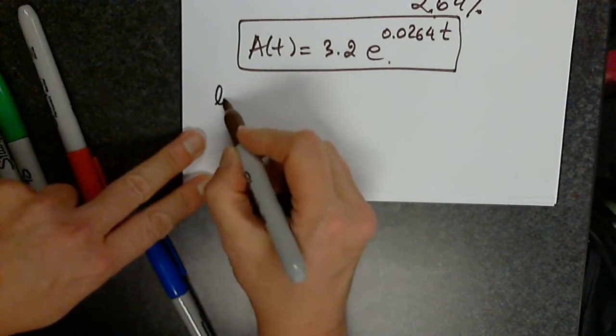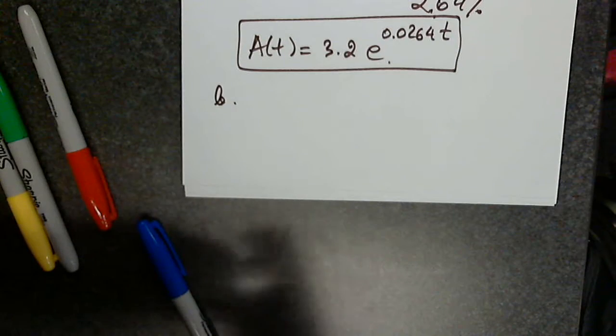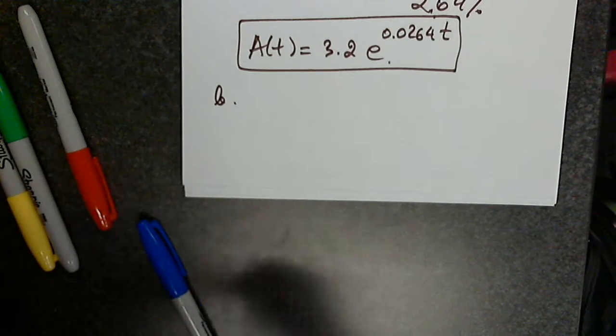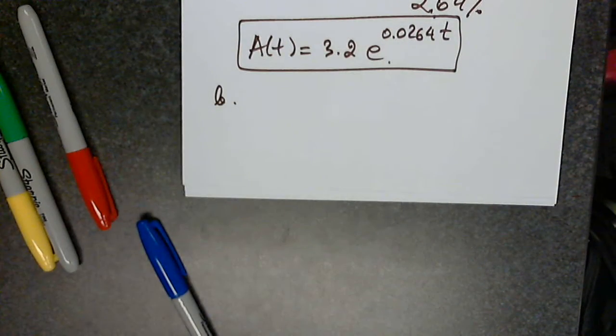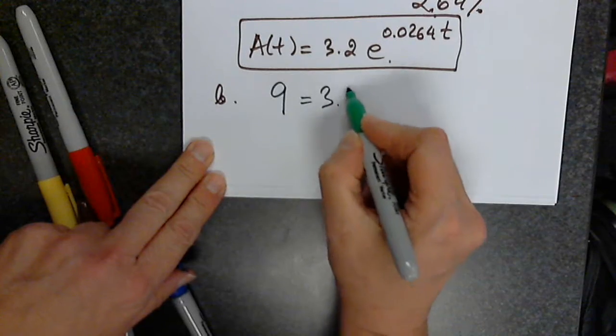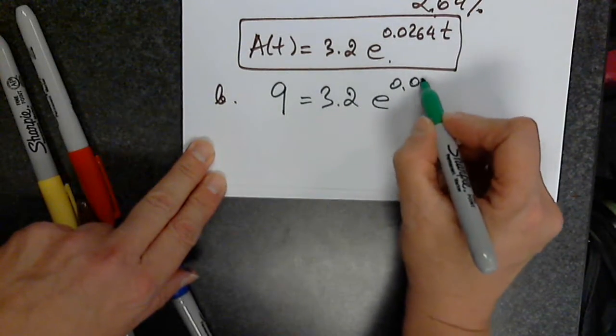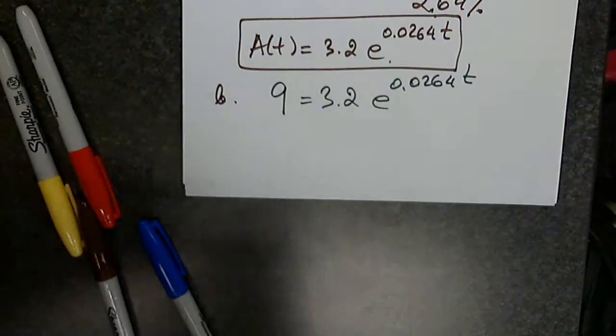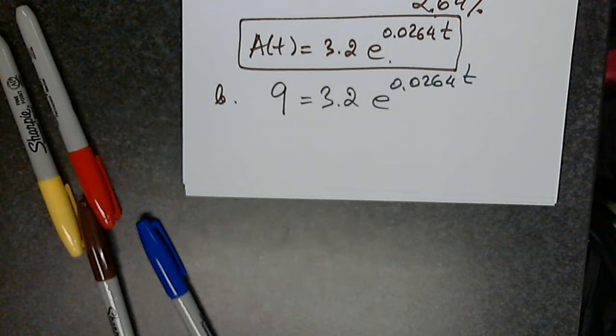Please tell me what I have to write in order to determine when the population will be 9 million. Exactly, thank you. 9 million equals 3.2 e to 0.0264 t, assuming the model still holds.